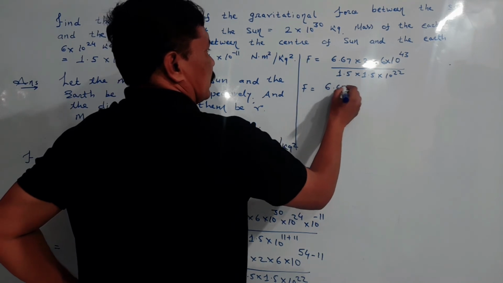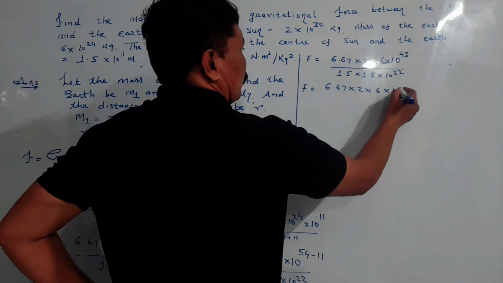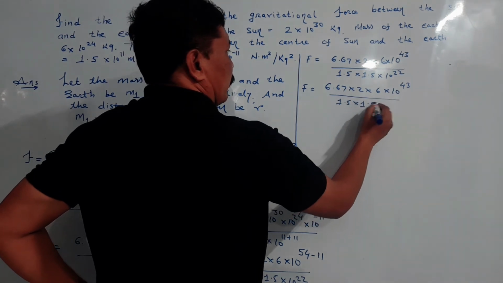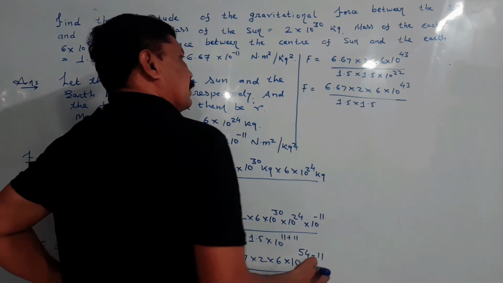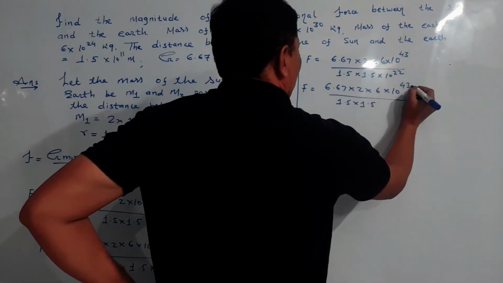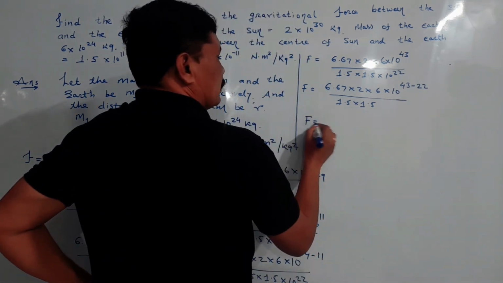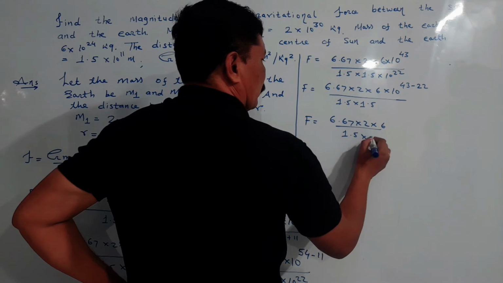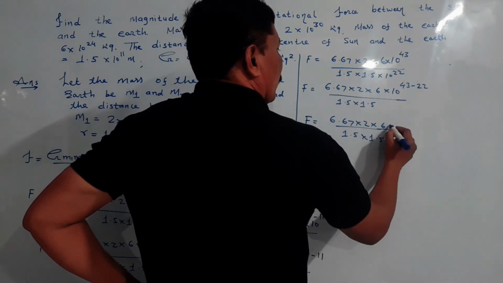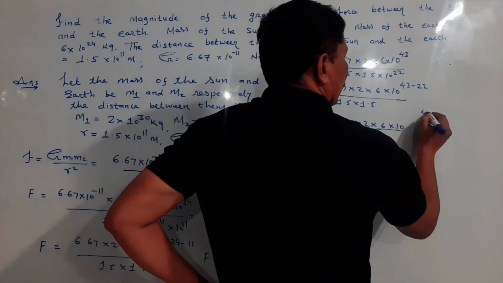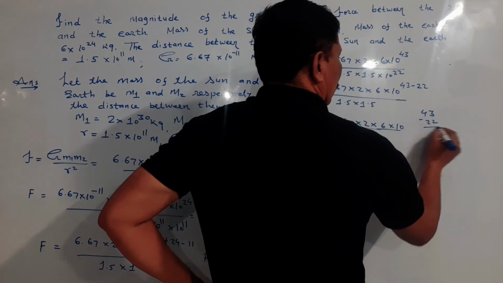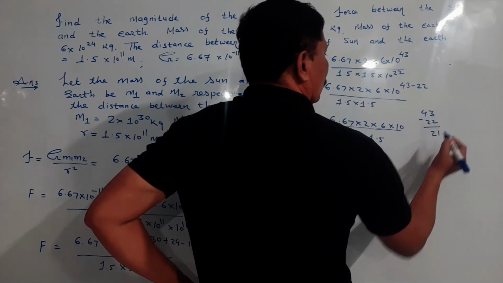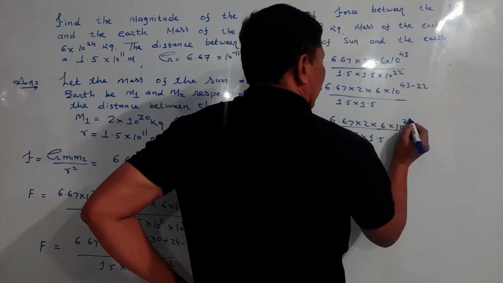F is equal to 6.67 into 2 into 6 into 10 to the power 43 upon 1.5 into 1.5, and this 10 to the power 22 we can take in the numerator, plus 22 will become minus. So F is equal to 6.67 into 2 into 6 upon 1.5 into 1.5 into 10 to the power 43 minus 22. 3 minus 2, 1, 4 minus 2, 2. So the 10 to the power 21 we can write.